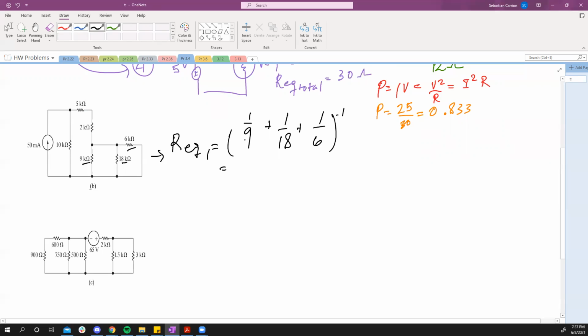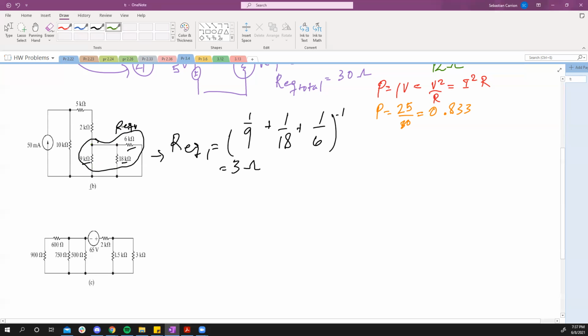It's gonna be 3 ohm. All right, so let's go with, right, so this is gonna be, my black. Right, so I'm going to do equivalent resistance.